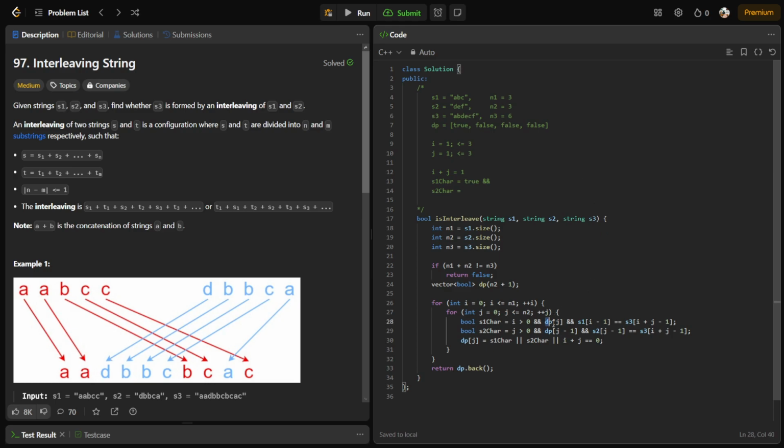So we do the same thing. In this case this is false, so we don't need to check anymore. This is true, and dp[j minus 1], j is 1, 1 minus 1 is 0, this is true.